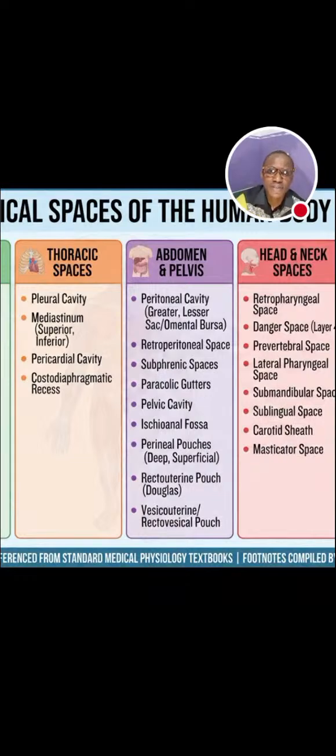Abdomen and pelvis: peritoneal cavity, retroperitoneal space, subphrenic space, paracolic gutters, pelvic cavity, ischial fossa, perineal pouches, rectouterine pouch, vesicouterine pouch, retrovesical, and rectovesical pouch.